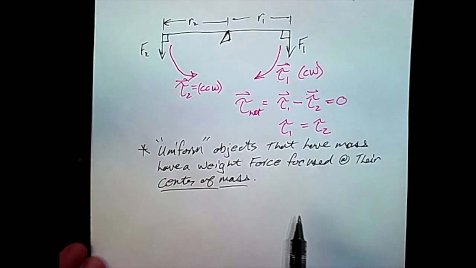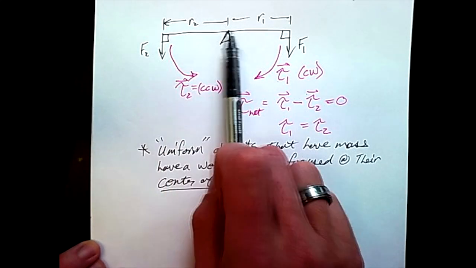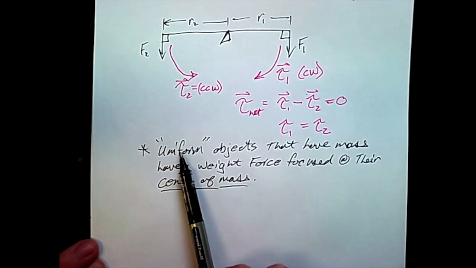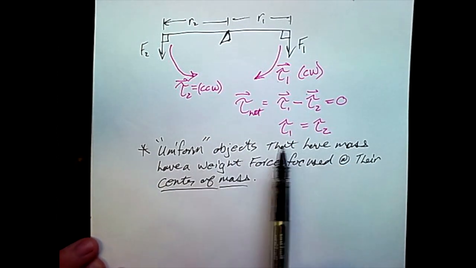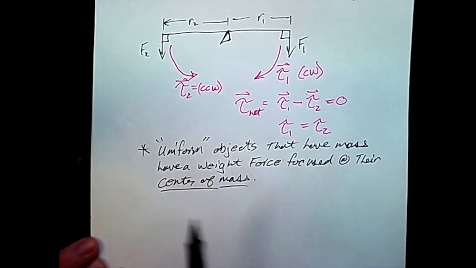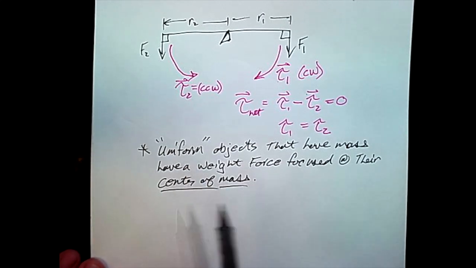Something important to note for torque balance problems is that if the actual torque bar has mass, which will be defined as a uniform object, uniform objects have mass, have a weight force that's focused at their center of mass. Now for uniform objects, that simply means that they are symmetrical and therefore the center of mass is in the center.